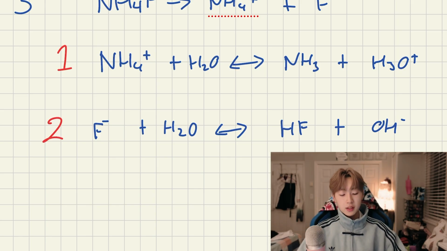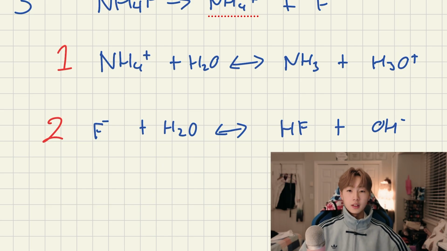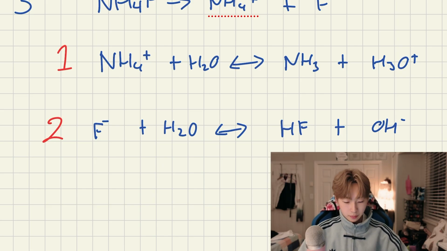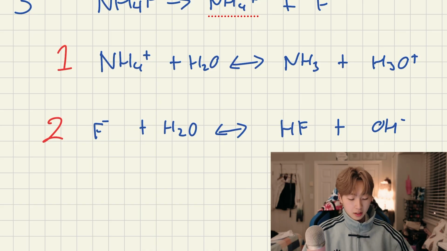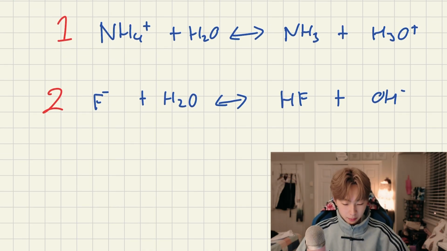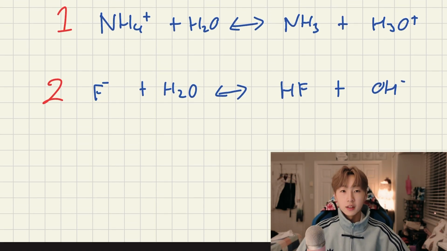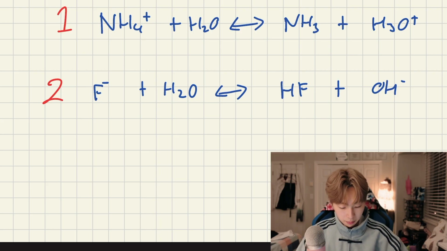We have our first one here, which is our ammonium, and the second one, which is our fluoride. And each of these equilibriums has its corresponding Ka and Kb values. That's their equilibrium constant. And what we do to find the relative strength and acidity of these equations is compare our Ka and Kb values.